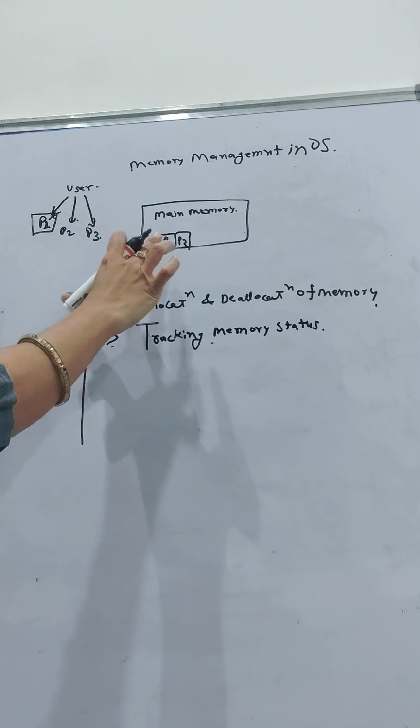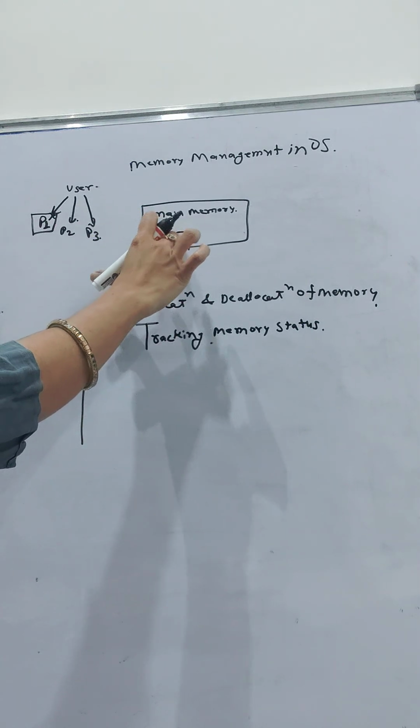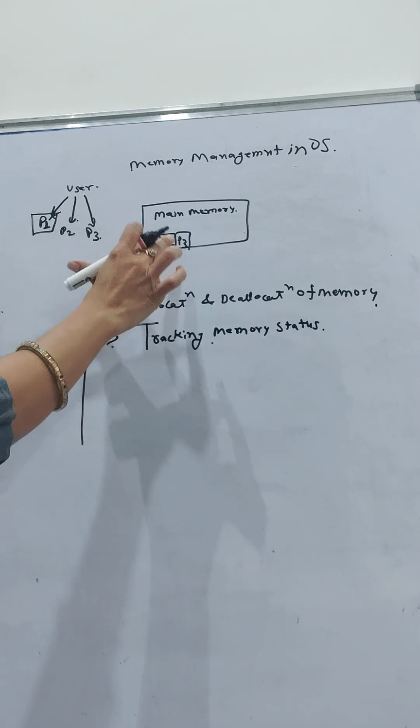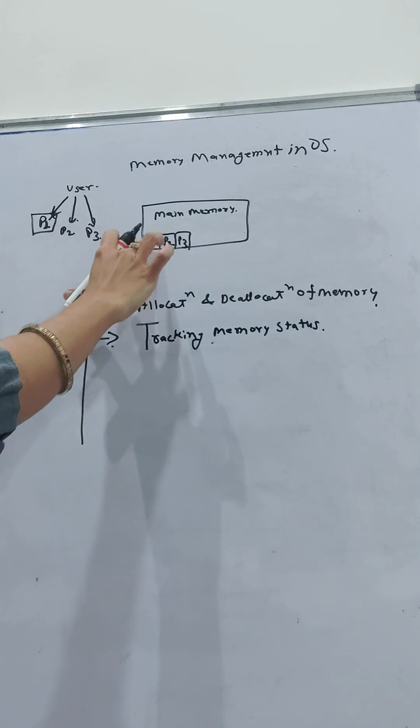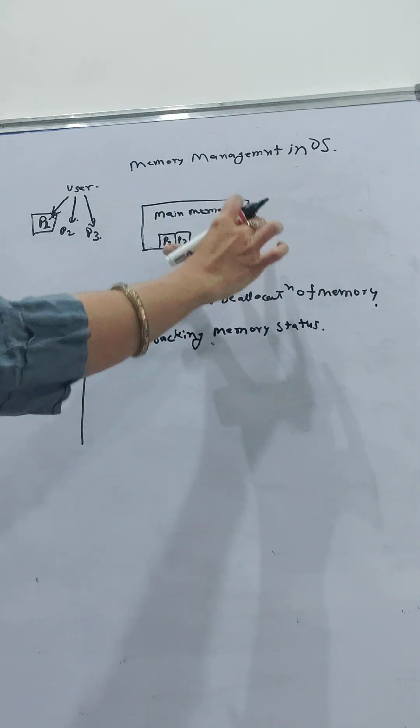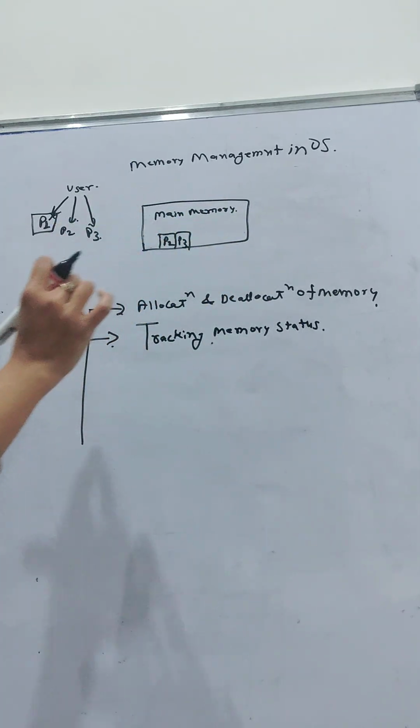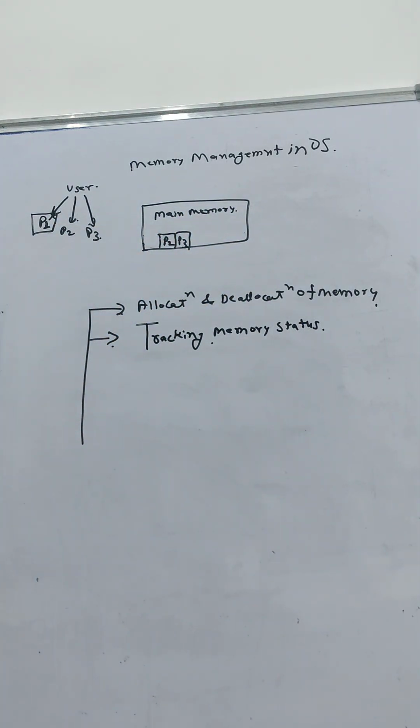The operating system will keep a record of each memory location, whether this memory is allocated or deallocated. So the operating system will have this record very properly, like which memory area has been allocated and which is not allocated, so that when a new process comes, allocation will happen properly.